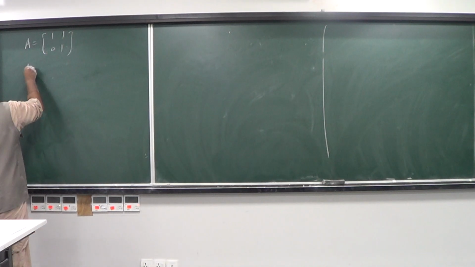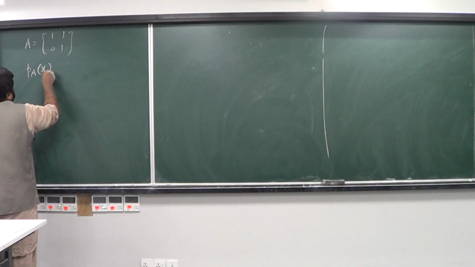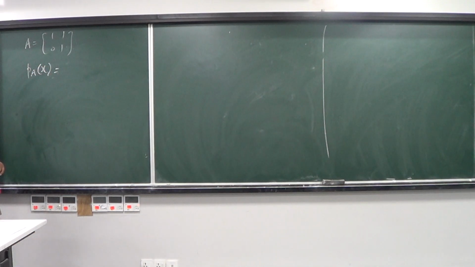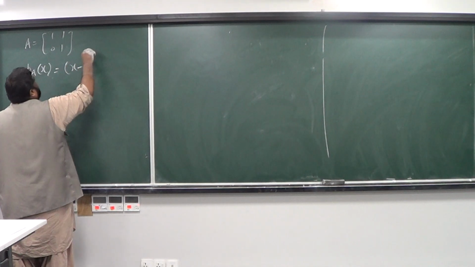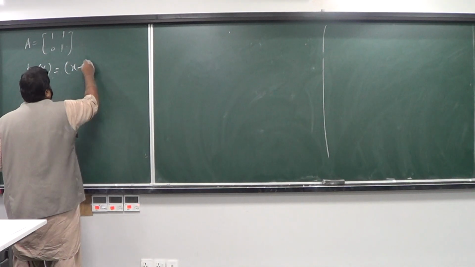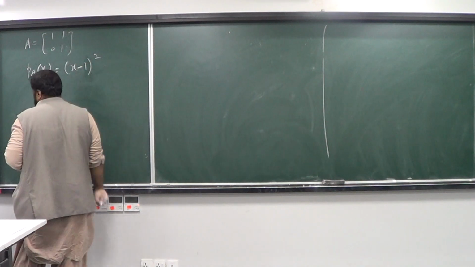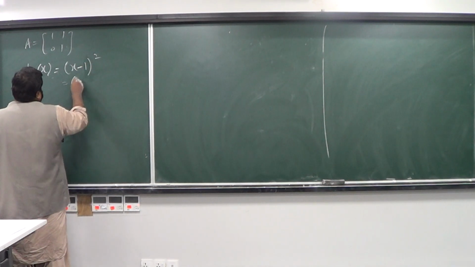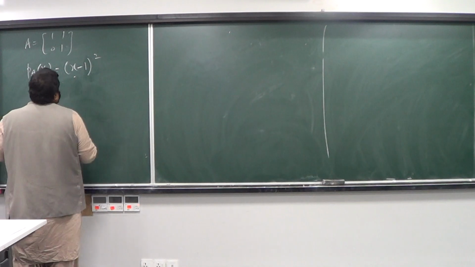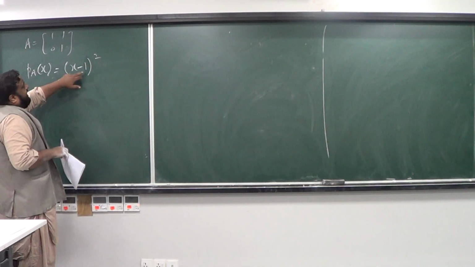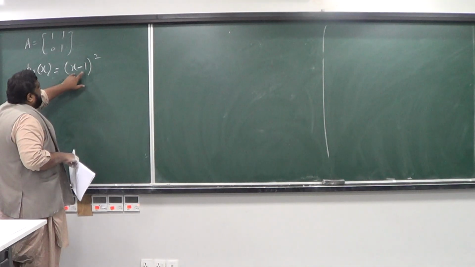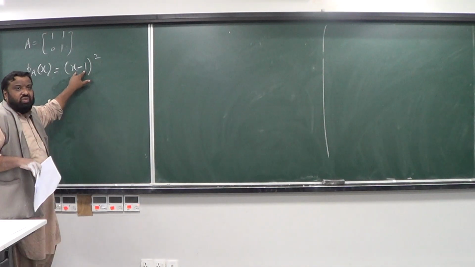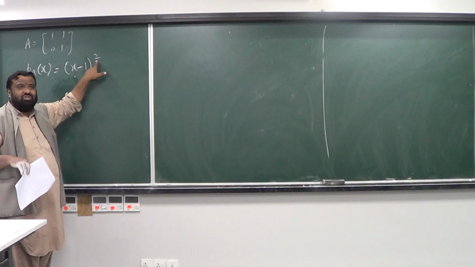When we computed the characteristic polynomial of it, it turns out that you have x minus 1 squared. In other words, 1 is the eigenvalue, but this factor x minus 1 appears 2 times.